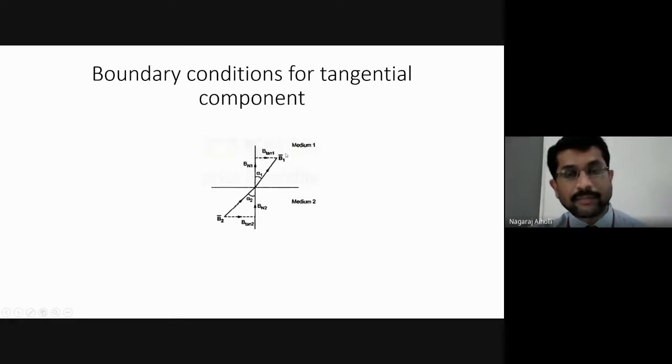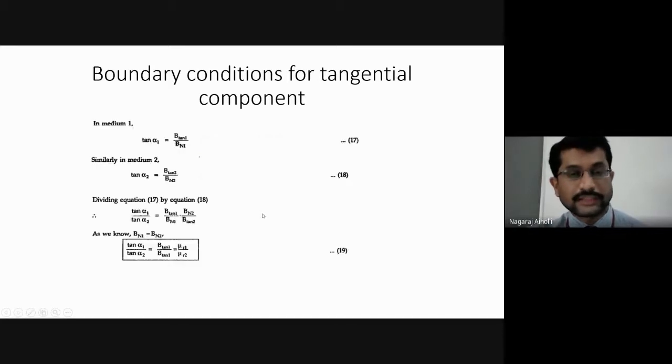As the relative permeability changes, the alpha angle also changes. The angle of refraction from one medium to another changes, right? Angle alpha 2 also changes. So tan alpha 2 is proportional to mu R2. Tan alpha 1 by tan alpha 2 will be equal to mu R1 by mu R2. Hence we also get the equation tan alpha 1 by tan alpha 2 is equal to B tan 1 by B tan 2, that is equal to mu R1 by mu R2.